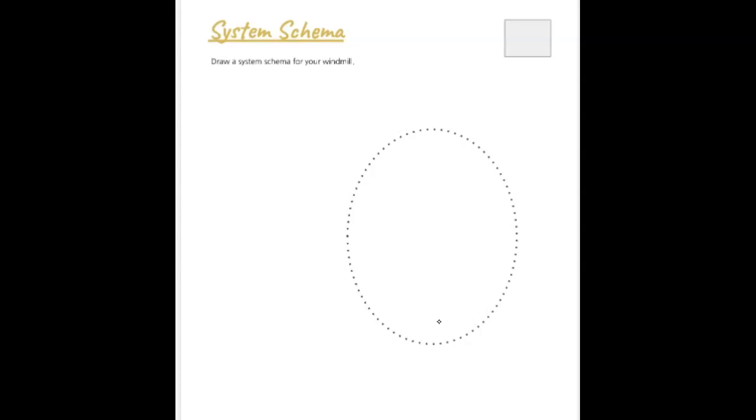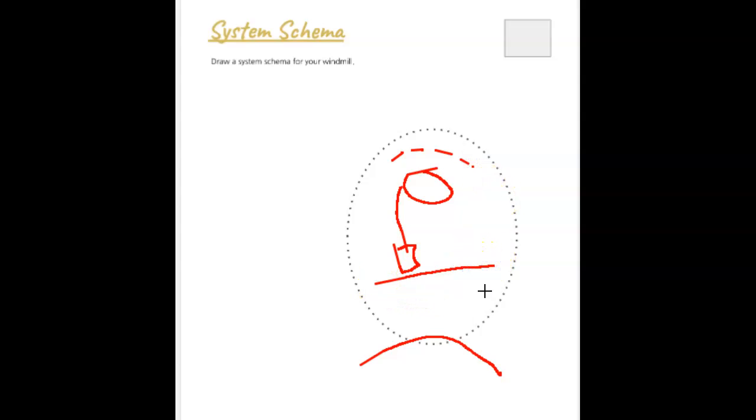I hope that's clear. The things that are included in your system are only objects. So: windmill, earth, bucket, air, table, floor.